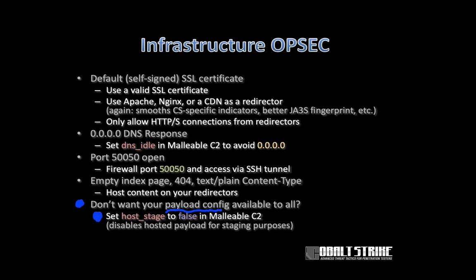When you set host stage to false, you do lose the benefits of staging. You lose the ability to easily receive a session from the Metasploit framework, and you lose the ability to use a user-driven attack that embeds a payload stager inside of it.